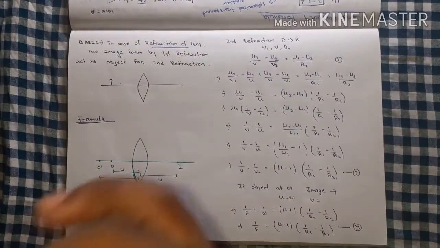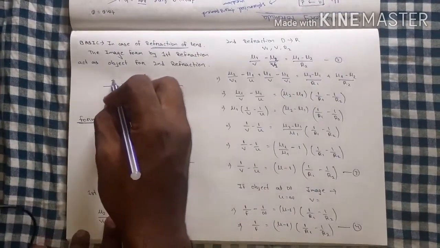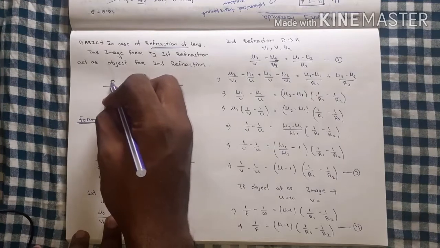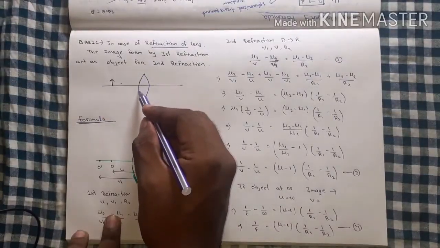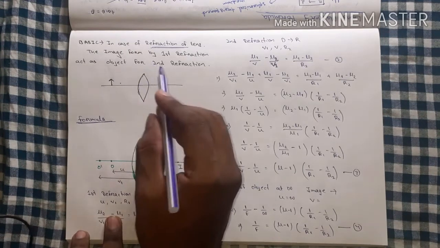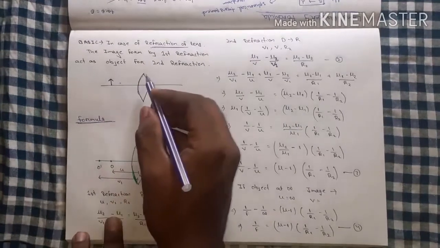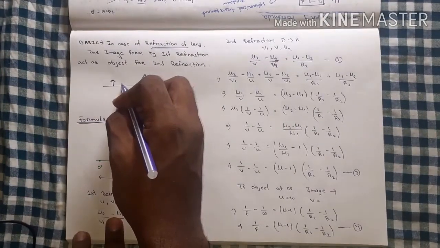Then how will this refraction happen? Okay, listen. Here is the object. Due to this surface, there is the first refraction, and due to this first refraction, an image will be formed.